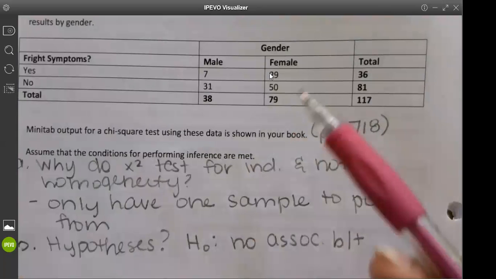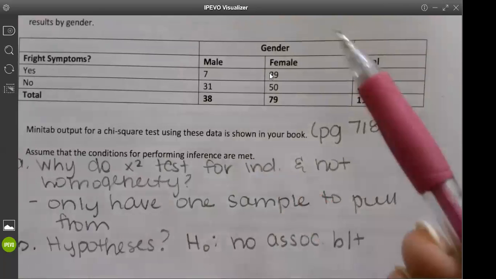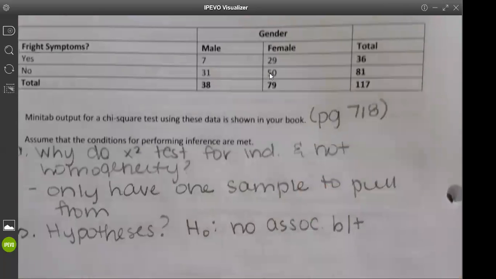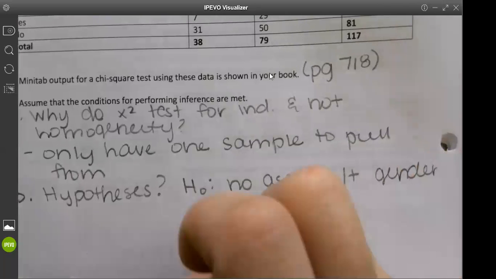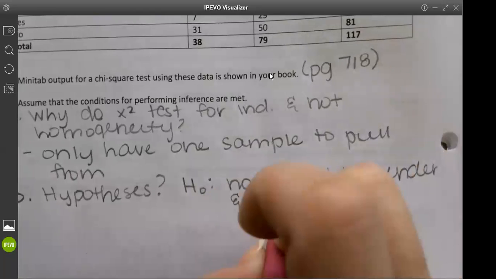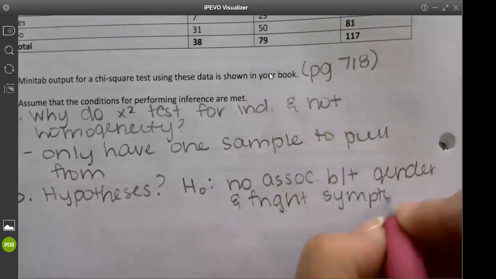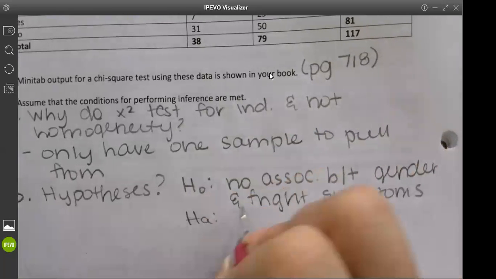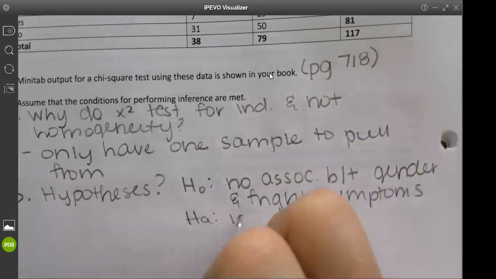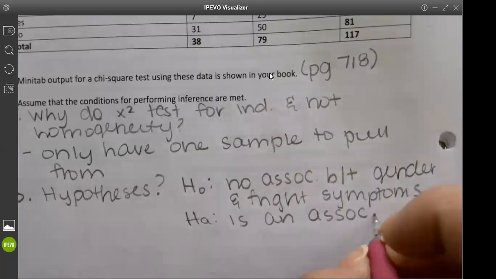Say it again. What are the two things that are in our chart? Gender and fright symptoms. Okay. So our alternate would be that there is an association. And I'm not going to make you write it all the way out.